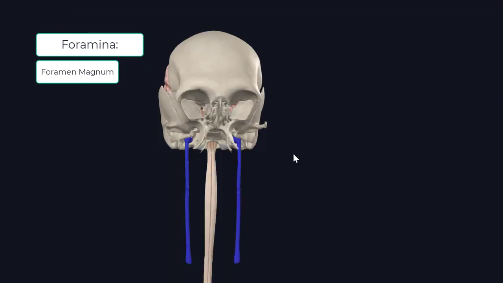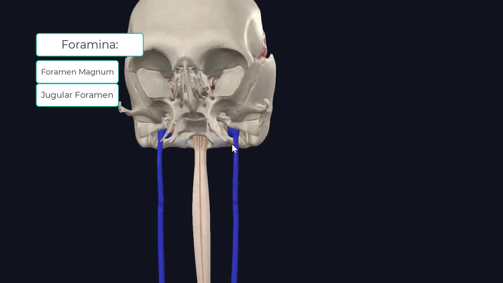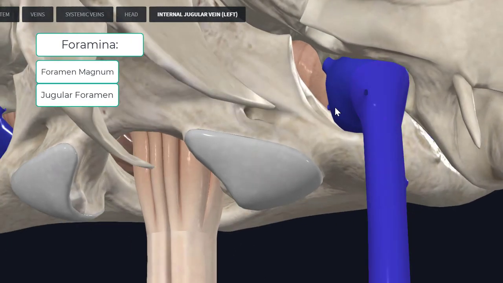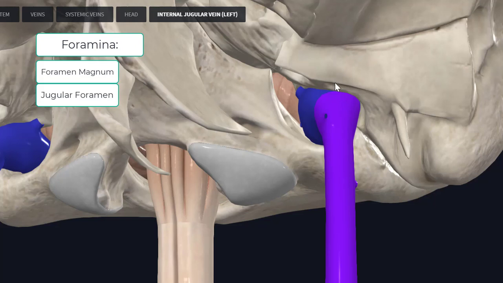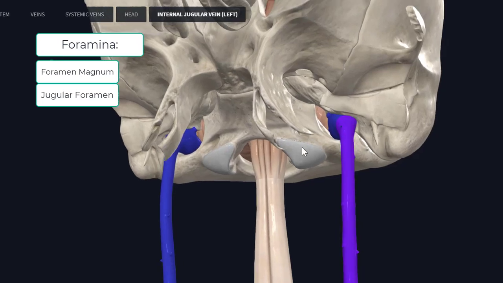Now, have you ever heard about the jugular foramen? Actually, we call it the jugular foramen because of the two internal jugular veins. Because they are quite large and a quite important drainage system for the sinuses in the brain, the hole, or the foramen, through which these two veins exit the skull, we call the jugular foramen.